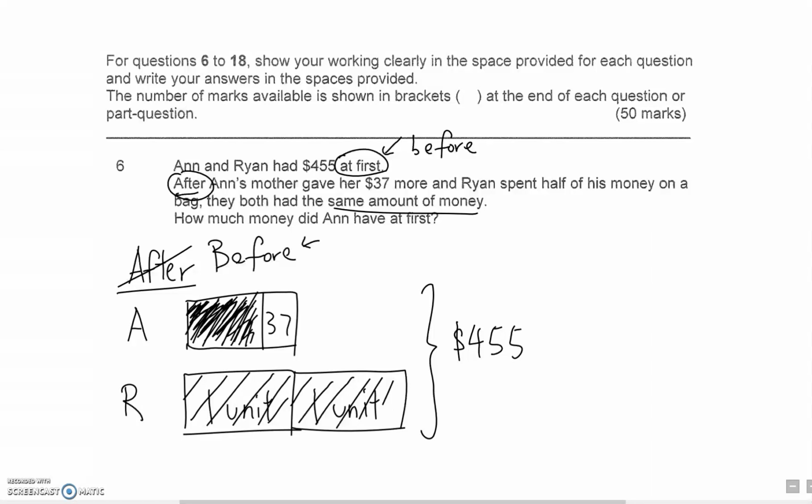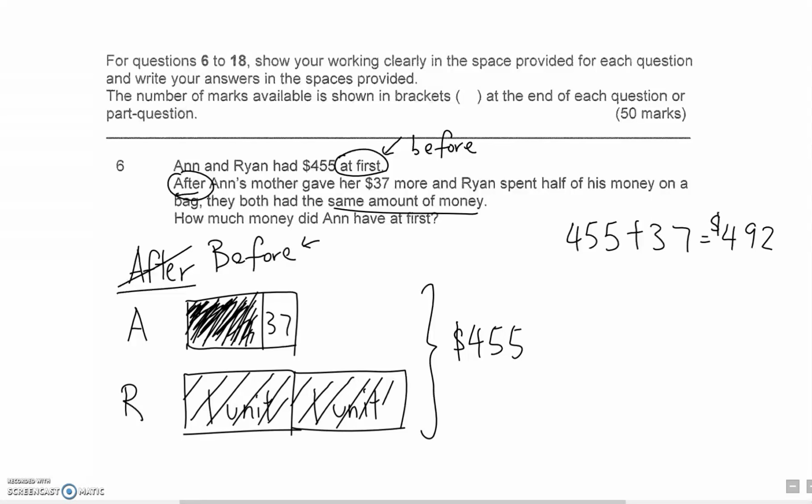So how then can we make this Anne into 1 proper unit? What we can do is add this $37 into the total first, which gives us a total of $492.